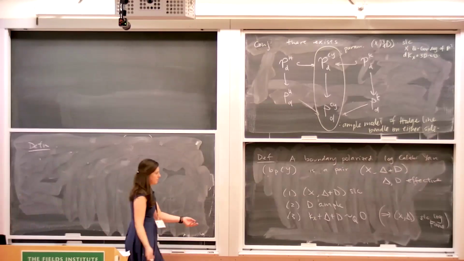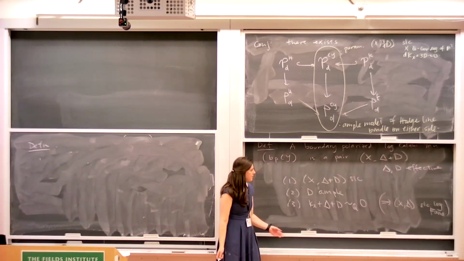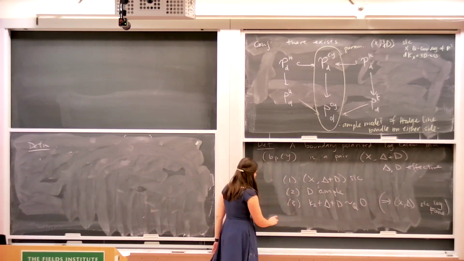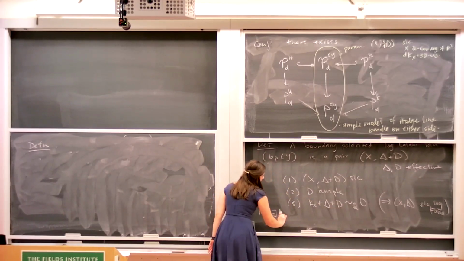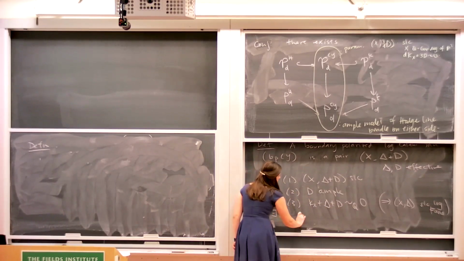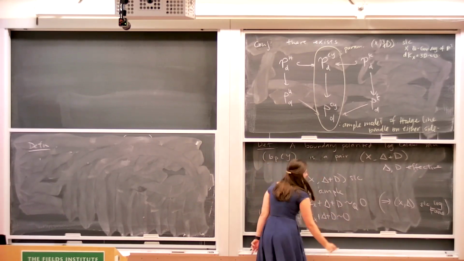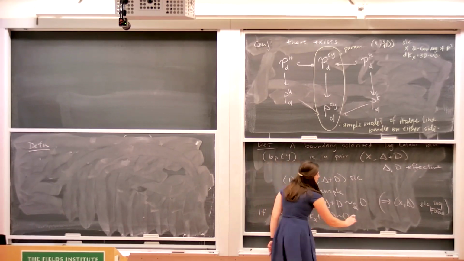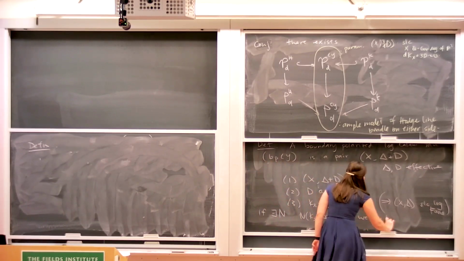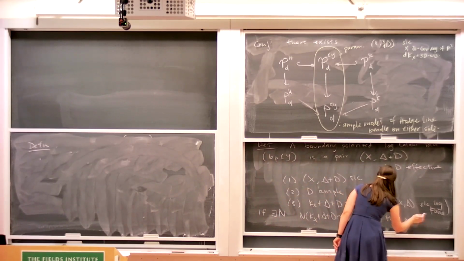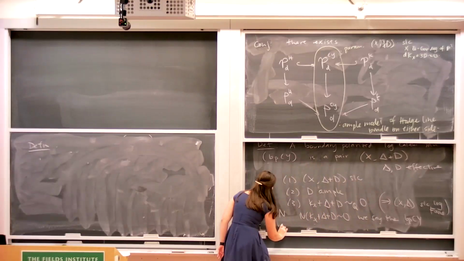Much like the theory of complements, sometimes you're not just interested in when this is numerically equivalent to 0; you're interested in when it's actually equivalent to 0. So if there exists an n, a positive integer, with n times (K_X + Δ + D) actually linearly equivalent to 0, we say, at least this is the terminology we use in the paper, that this BPCY has index dividing n.